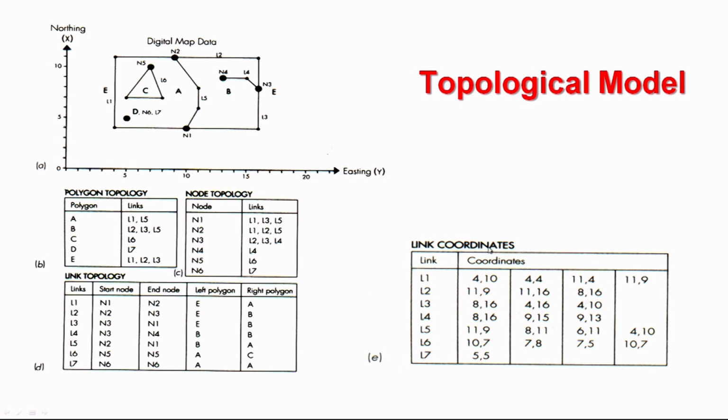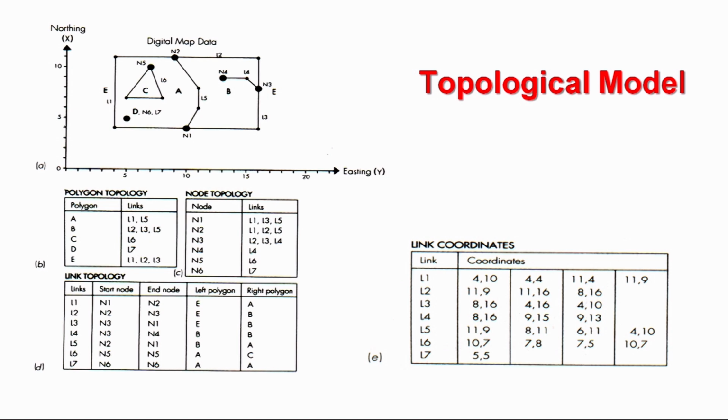Taking the node topology first, these are the nodes. N1 will have links L1, L3 and L5. N1 is this one, having link L1 which is the outside polyline, then L3 which is another outside, and in the middle L5. N2 will similarly have L2, L1 and L5.